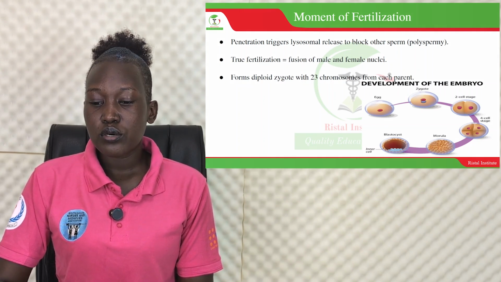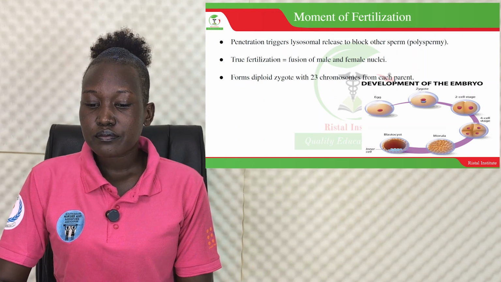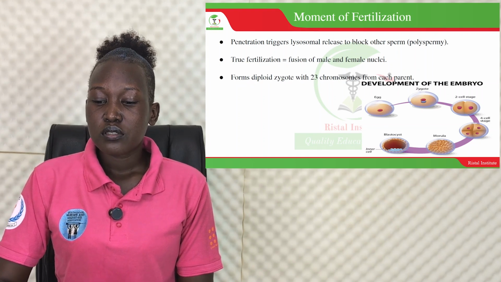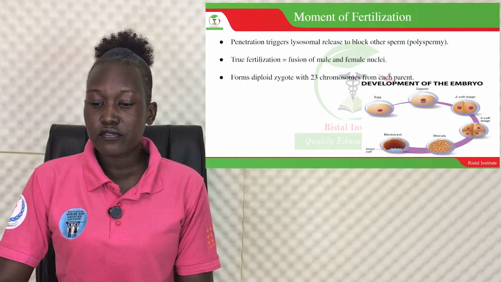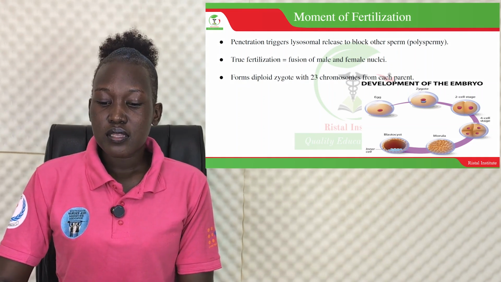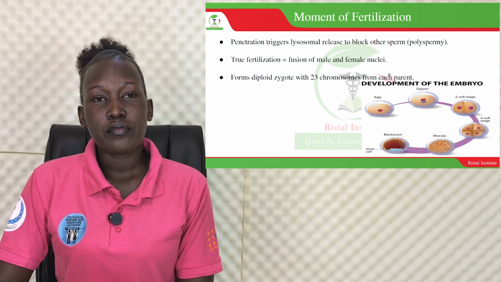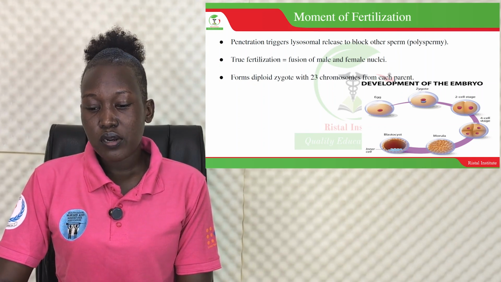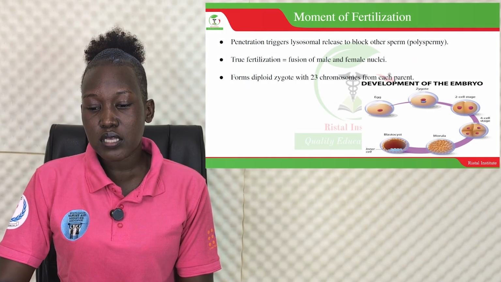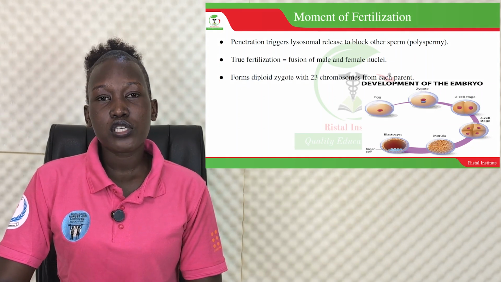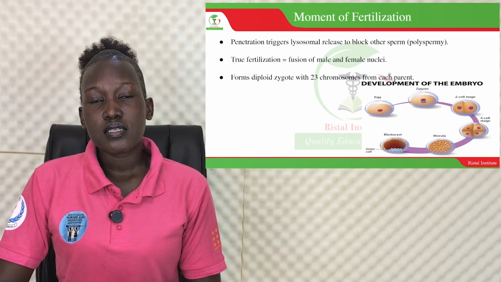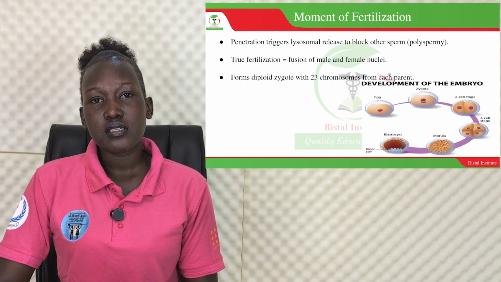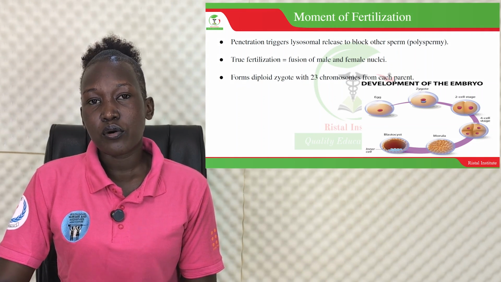Then these 2 cells begin to multiply. As you see, stage 4, the 4-cell stage. Then we have the morula being formed. At this morula, we have 16 cells already. So from 2, it kept multiplying by 2, by 2, by 2, until it reached 16. When the number reaches 16, we call it a morula.